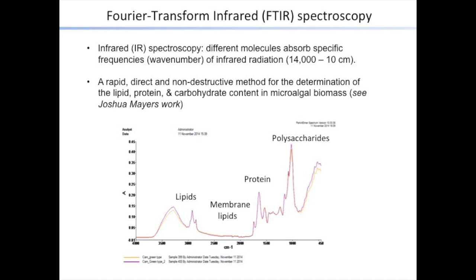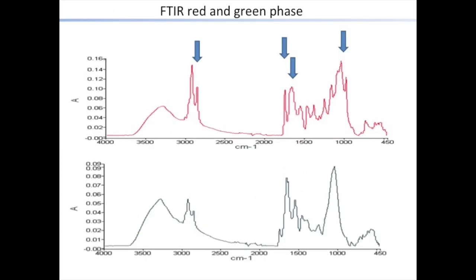Okay, slightly more complicated than that, but that's generally what we're trying to do. So we're doing these FTIR scans of the algae species and the plant species out there, and you can see, this is a red algae, this is a green algae, and you can see differences in lipid composition and the protein composition and some of these other peaks between the species. So it's quite nice.